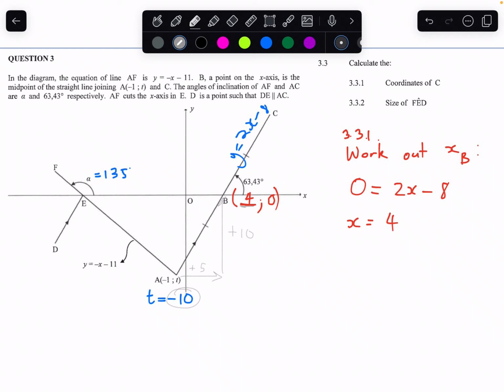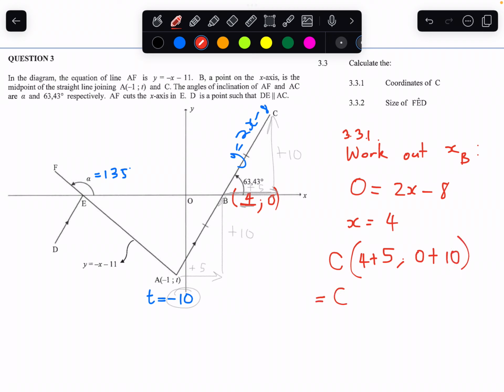Okay, so then we're going to replicate that to go from B to C. We're going to go across by 5 units, and then go up by 10 units. So the coordinates of C, starting from 4, we move right by 5 units, and starting from 0, we move up by 10 units.